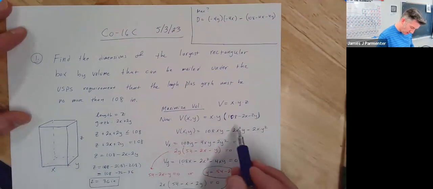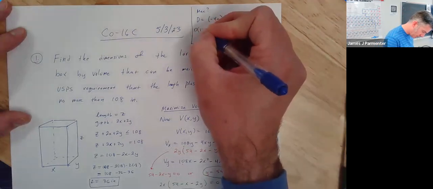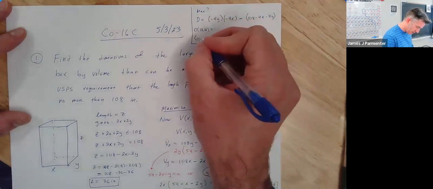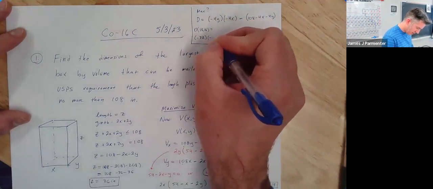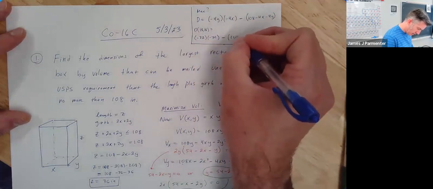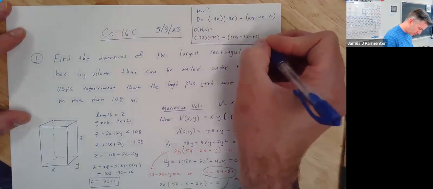So then if we plug in our critical point, which is y is 18 and x is 18, D of 18 comma 18 is going to be negative 4 times 18, which is negative 72, times another negative 72, minus 108 minus 4 times 18 minus 72, and I forgot to square this here.